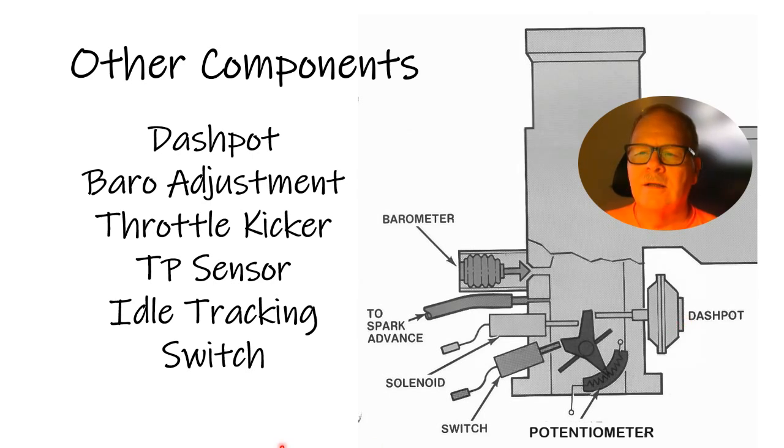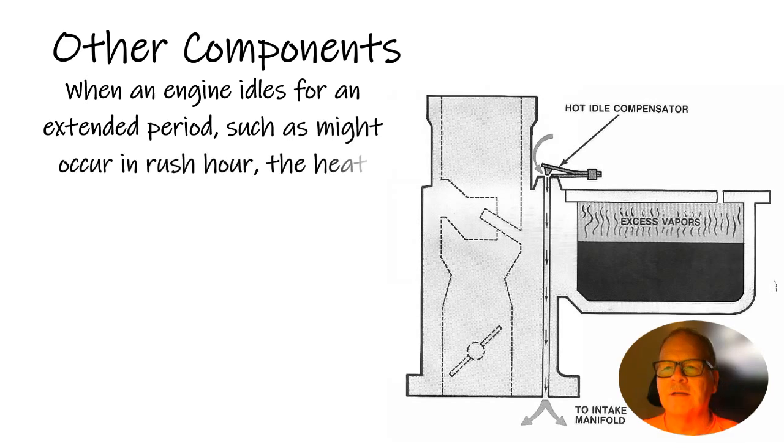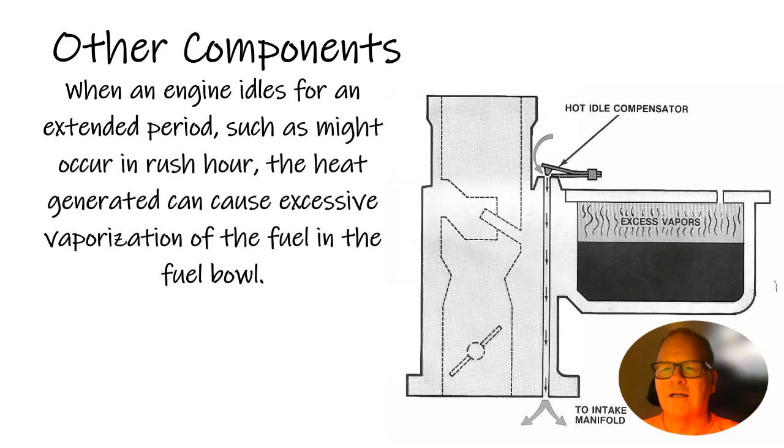But okay, so you got idle tracking switch. You notice that switch right there? It's basically supposed to send a signal whenever you've let off the gas. That's built into your idle speed controls on your GMs and your Fords and all. Now, when an engine idles for an extended period of time, you might have seen these hot idle compensators, little bimetal strip in there, and it opens the passage when the vehicle gets hot.